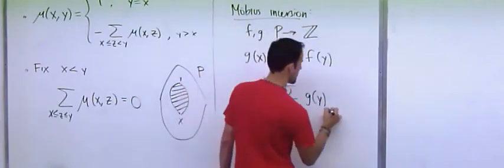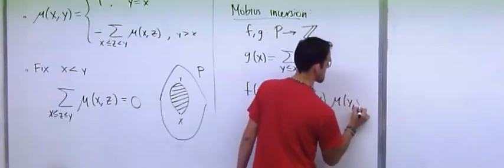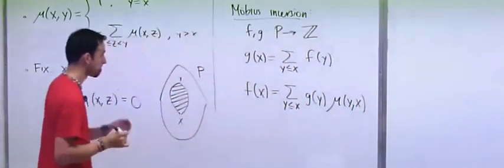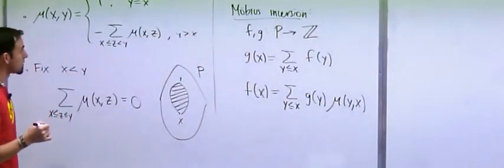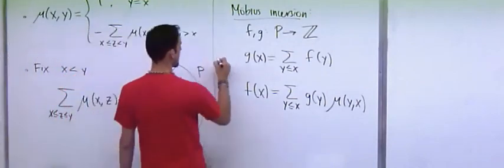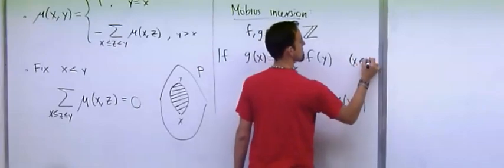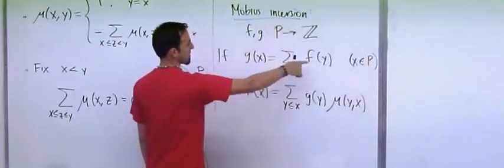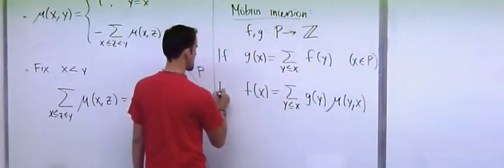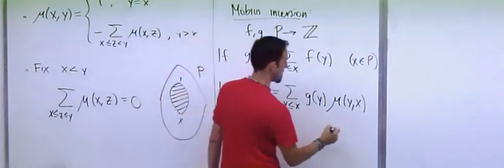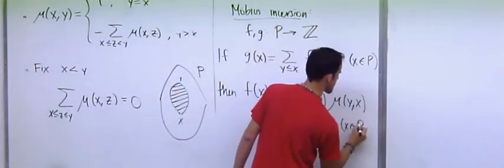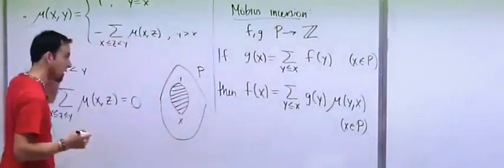The only thing you have to do is stick the Mobius function here as coefficients. Okay. So if g of x is given by this for all x in P, then f of x is given by this for all x in P. Okay?